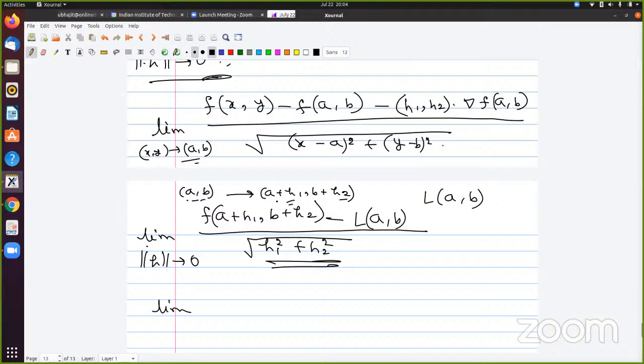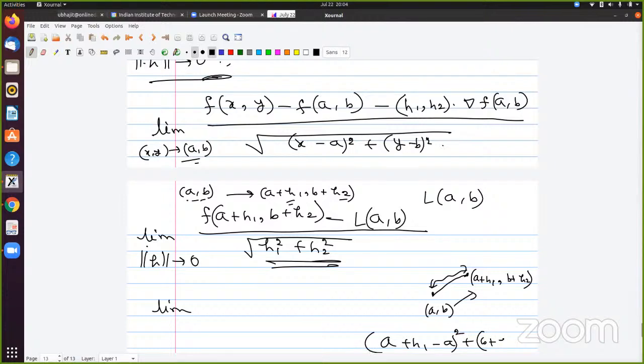Basically, (a,b) is going towards (a plus h1, b plus h2). Here is your point (a,b), here is some point (a plus h1, b plus h2). This distance should be minimized; this point should come closer to that point. What is the distance between these two points?